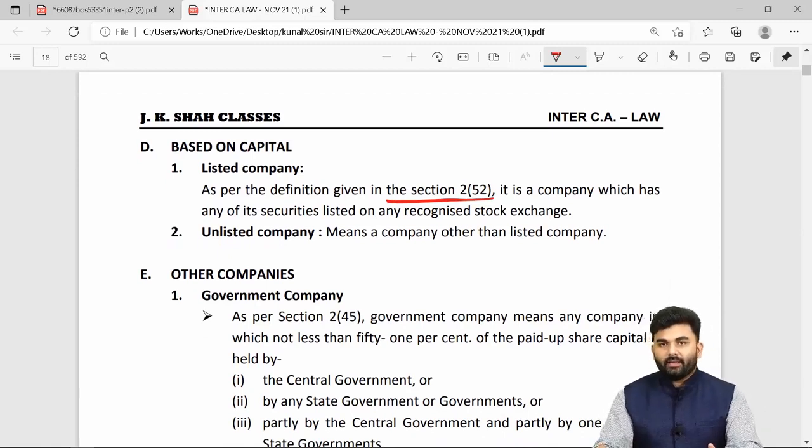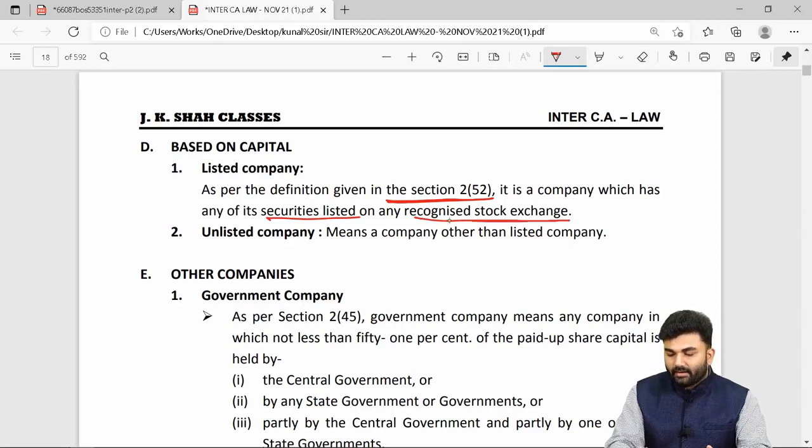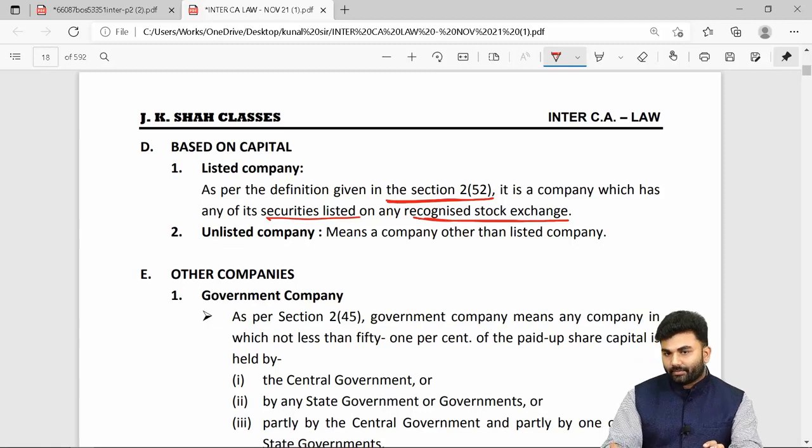That is a company whose securities are listed on any recognized stock exchange. Whenever the securities of your company are listed on any recognized stock exchange, then yes, your company is to be considered as a listed company.